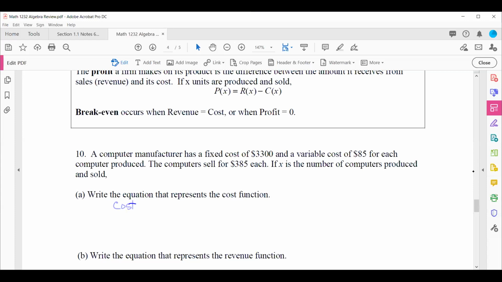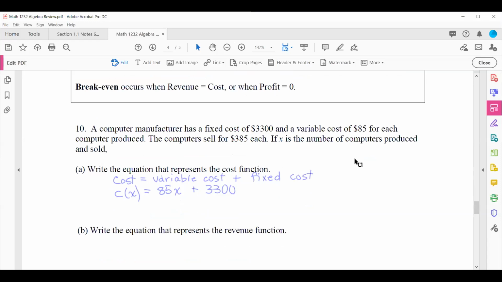So let me just remind you, that's the variable cost plus the fixed cost. We use C of X for our function notation. Variable cost is $85 for each computer produced. So mathematically, we write 85 times X, and then the fixed cost is just a number, 3,300. That's your cost function.